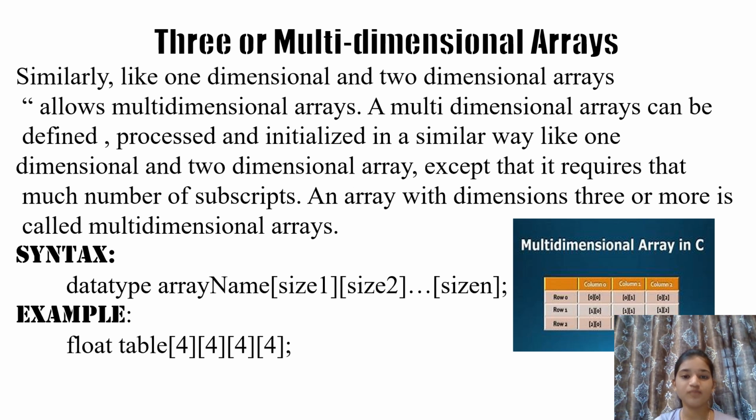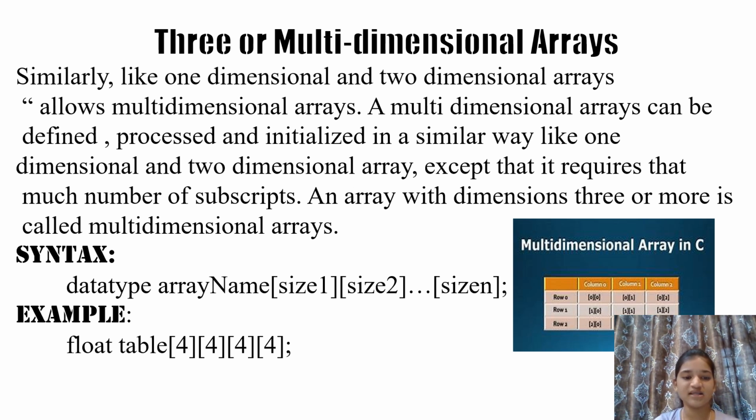Three or multi-dimensional arrays. Similarly to one-dimensional and two-dimensional arrays, C allows multi-dimensional arrays. A multi-dimensional array can be defined, processed, and initialized in a similar way to one-dimensional and two-dimensional arrays, except that it requires that many subscripts. An array with three or more dimensions is called a multi-dimensional array.